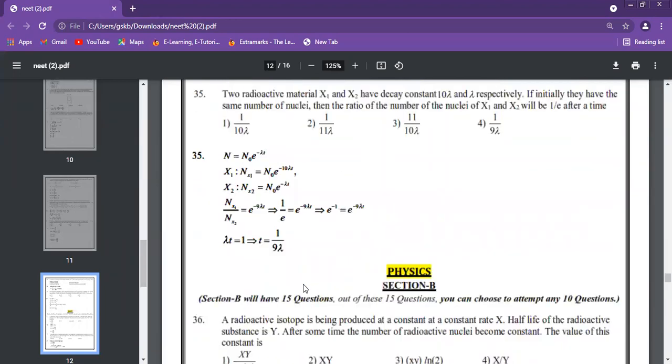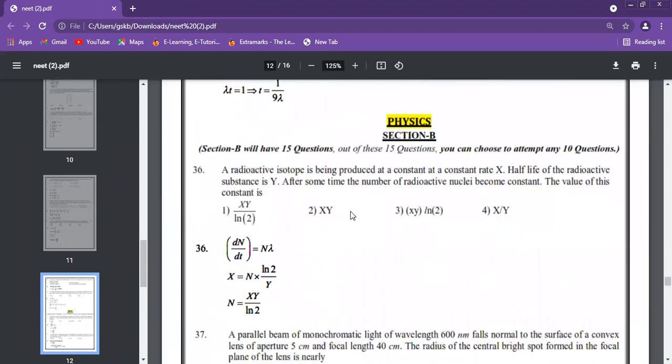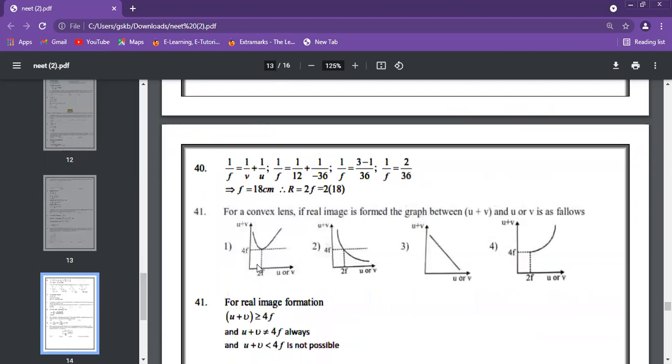Now from here it is new. Up to 35 is section A, from 36 onward is section B. Here, out of these 15 questions, you can choose to attempt any 10. This is the new model introduced this particular year by the National Test Agency. So the first 35 you can attempt, but from 36 onward there are a total of 50 questions here.